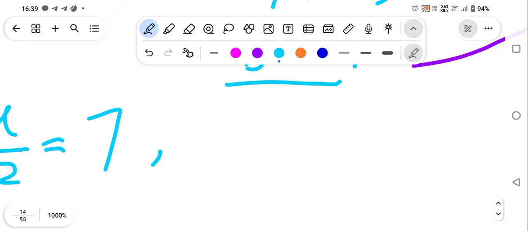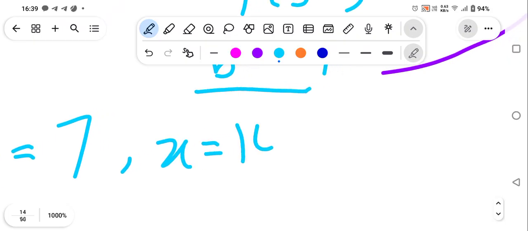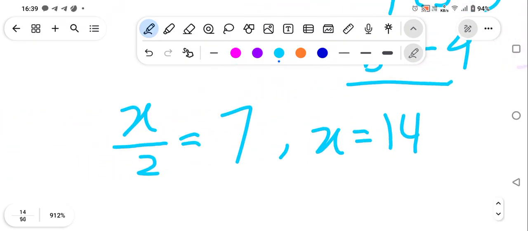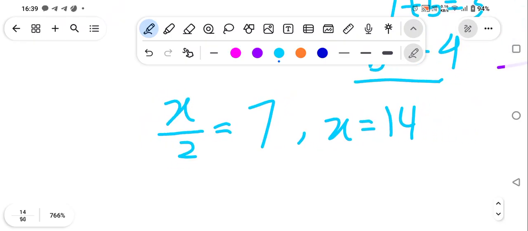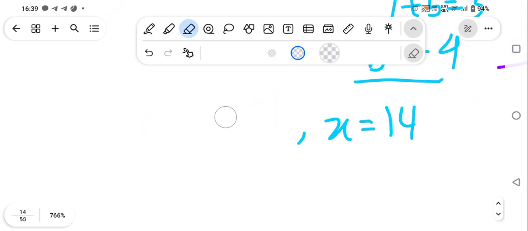So x equals 14, right? Because x over 2 is a whole number. Okay, I got a little bit distracted. We're not talking about this.